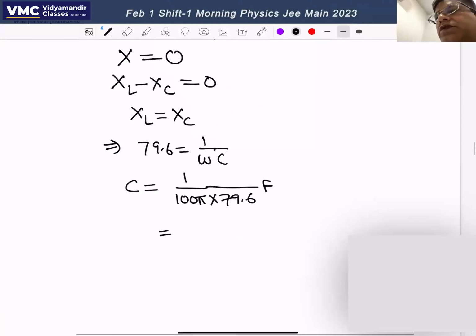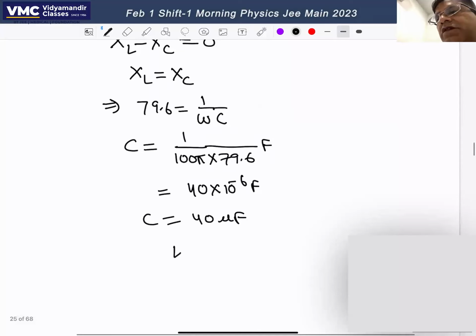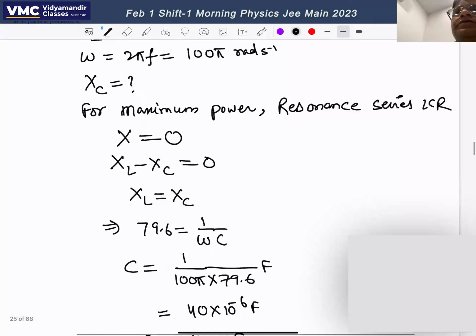So it comes out 40 into 10 power minus 6 farad. That means 40 microfarad. So the answer is 40.